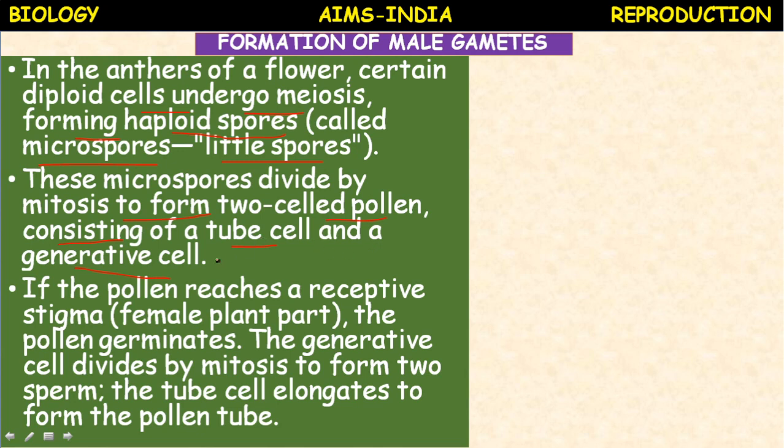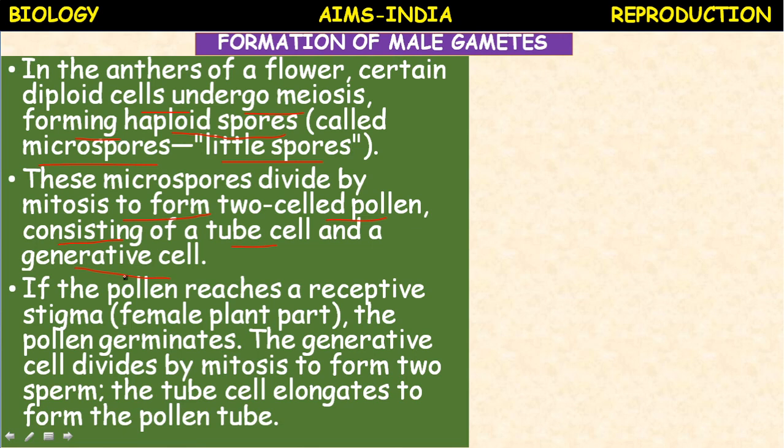So the bigger one is the tube cell or vegetative cell and the smaller one is the generative cell. The vegetative cell is bigger and has abundant food reserves and a large irregularly shaped nucleus. Okay, in the diagram we can see.